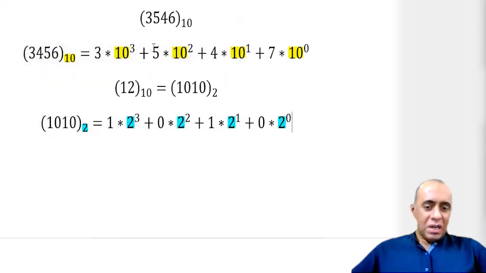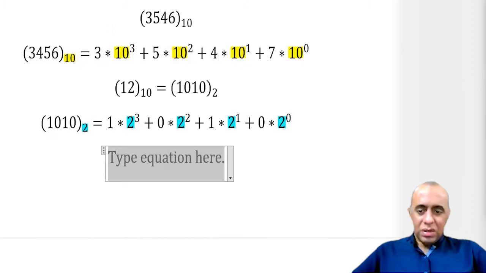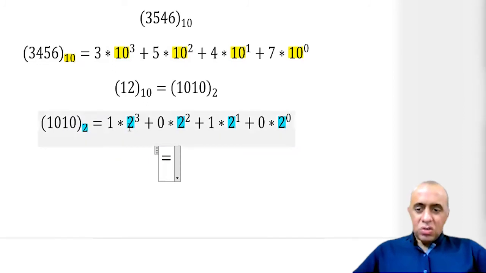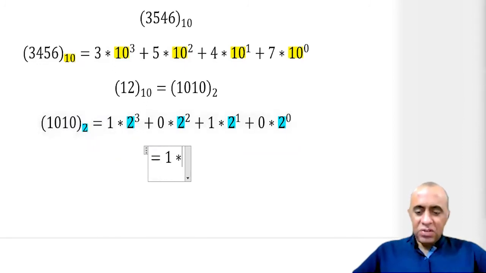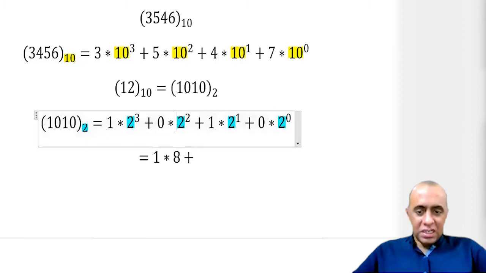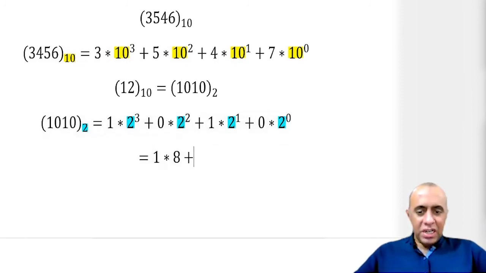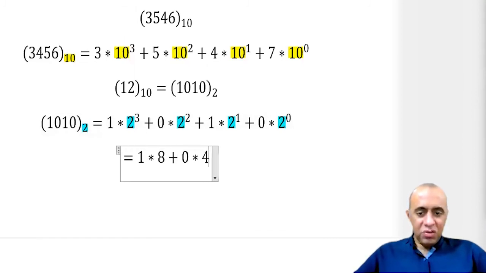Let me calculate this number. 2 to the power 3 is 2 multiplied by 2 multiplied by 2, which is equal to 8. 2 twos are 4, 4 twos are 8. So I'm going to write 8 over here. Then 2 to the power 2 is 2 multiplied by 2, which is 4. So I would be writing 0 multiplied by 4.